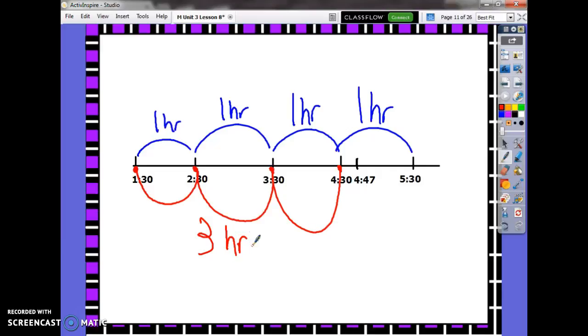Now if I counted another hour, I'd be all the way at 5:30, which is past my 4:47. So I don't want to go all the way over to the 5:30. I'm at 4:30, and I need to go from 4:30 to 4:47. If I add 10 more minutes, I'm going to get to 4:40.